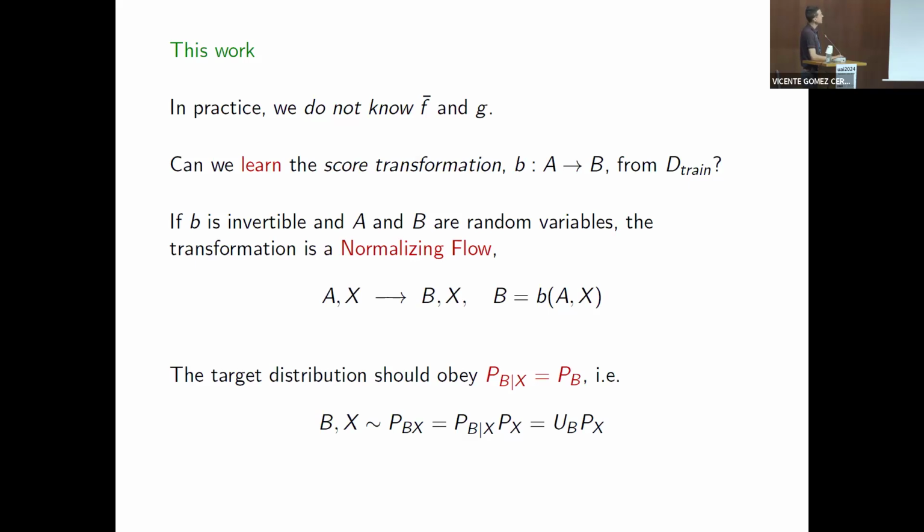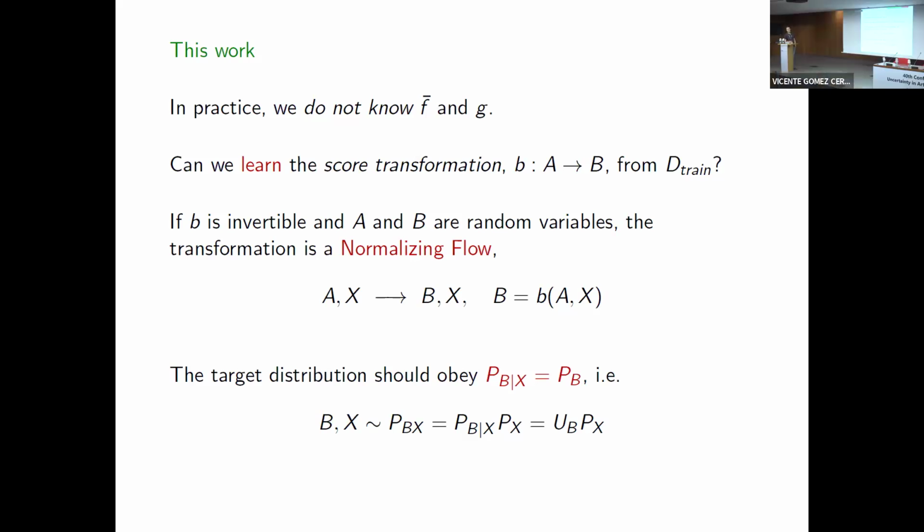We start from a general transformation, and we train it from the data. As the transformation is acting on random variables and we need it to be invertible, this is actually the definition of a normalizing flow, which transforms a distribution into another by defining a deterministic transformation of the random variable.